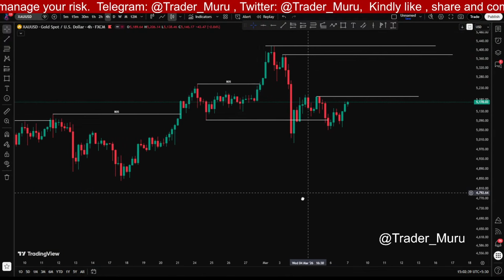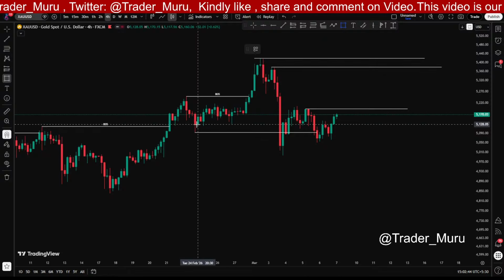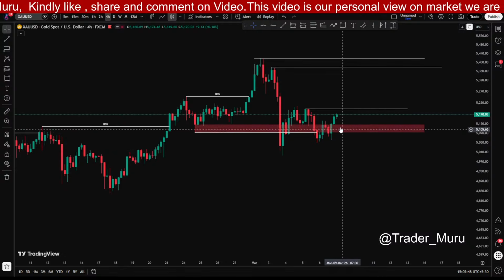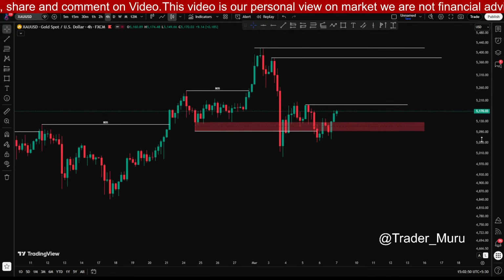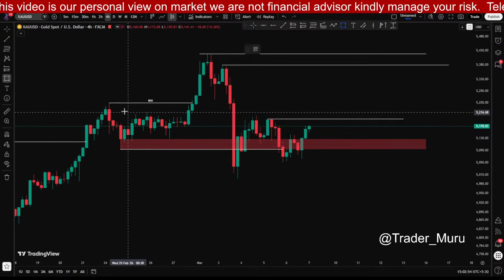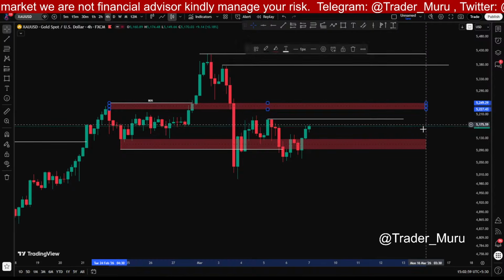So we have to wait for the 4-hour structural areas. First of all, the first area of 4-hour time frame rejection is this one, which has already been flipped. So now we have to wait for its QML area, which is this one.